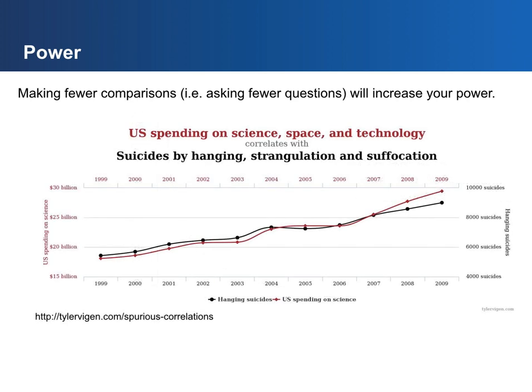Just to make that point a little more clear, this group here has published some interesting spurious correlations. Here we have U.S. spending on science, space, and technology happens to be highly correlated with suicides by hanging, strangulation, and suffocation between the years of 1999 and 2009.